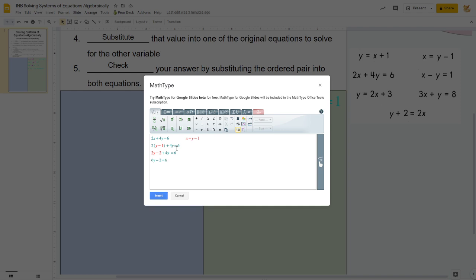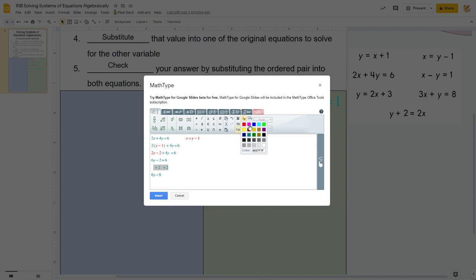Okay, now we want to get rid of the 2. To do that, all we do is the opposite, which is add 2. Gets me 6y equals 8. Now let me make this a different color so it stands out a little more.